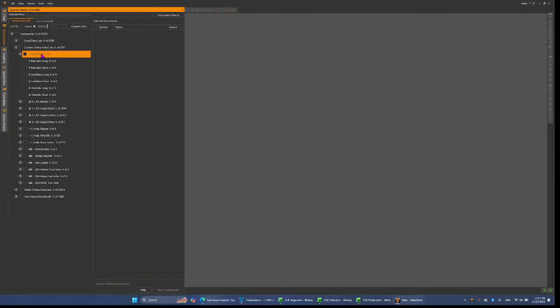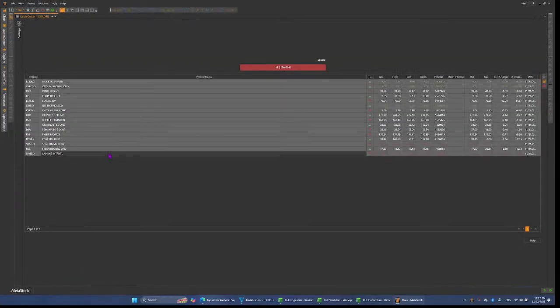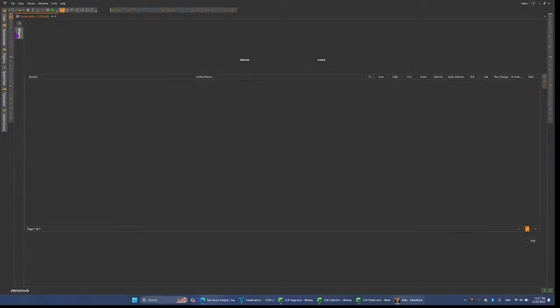So what I'm going to do is open Explore in Quote Center. I had a number of stocks from an earlier iteration. I'm going to delete them. I'm going to add instruments, put my cursor in the add instruments position.